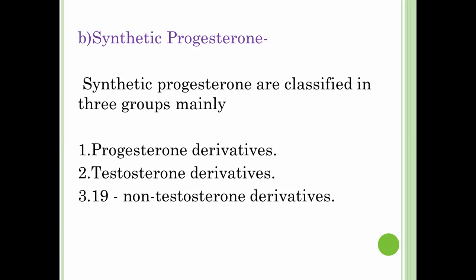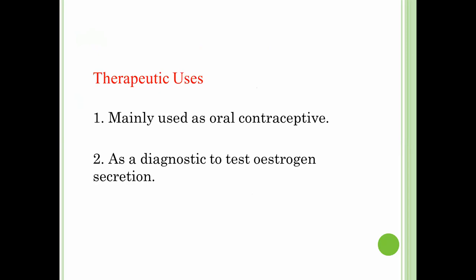The next point is therapeutic uses. Mainly progesterone is used as an oral contraceptive. An oral contraceptive is used to prevent pregnancy, for birth control.